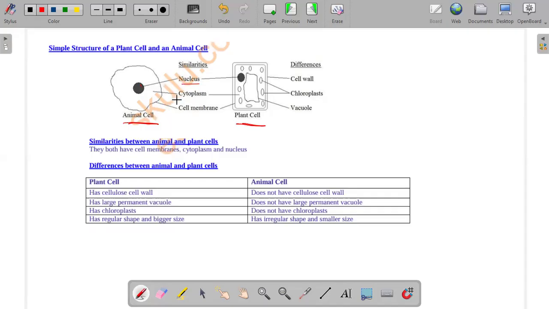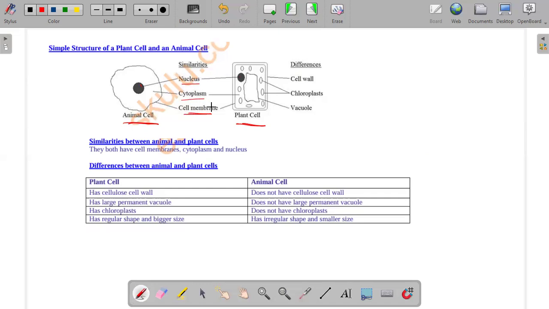Then you have the cytoplasm, and you have the cell membrane. These three parts, the nucleus, the cytoplasm, and the cell membrane, are similar in both the animal and the plant cell.